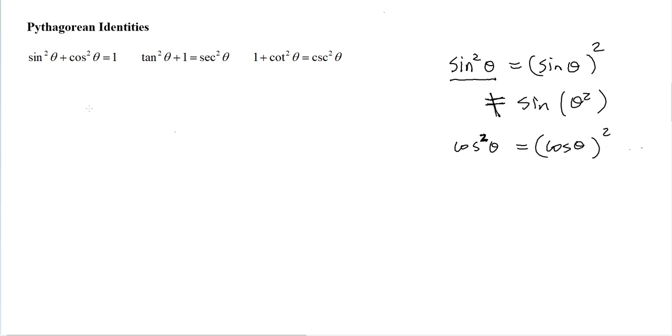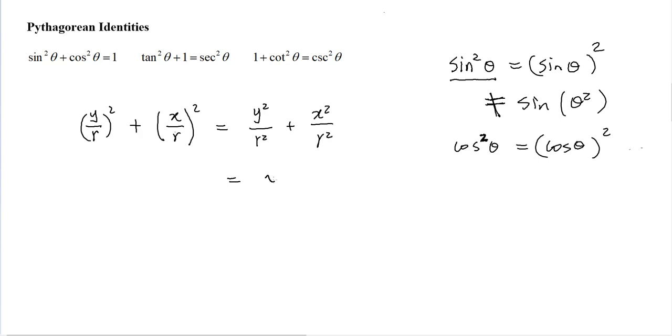It's because sine theta is y over r. If you square that, that's sine squared theta. Cosine theta is x over r. If you square that, you're getting y squared over r squared and x squared over r squared. Since you have a common denominator, you can add the numerators, x squared plus y squared all over r squared.